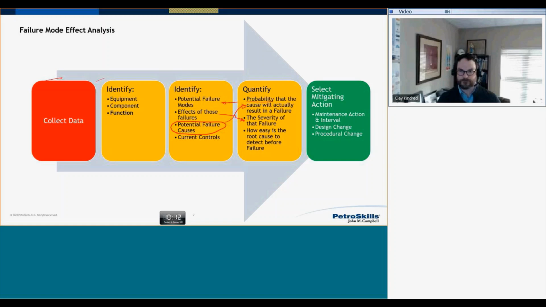What I'd also like to do is to say, how easy is it to identify the root cause before it becomes a failure? So that potential failure cause, can I pick that out easily before the failure actually happens?